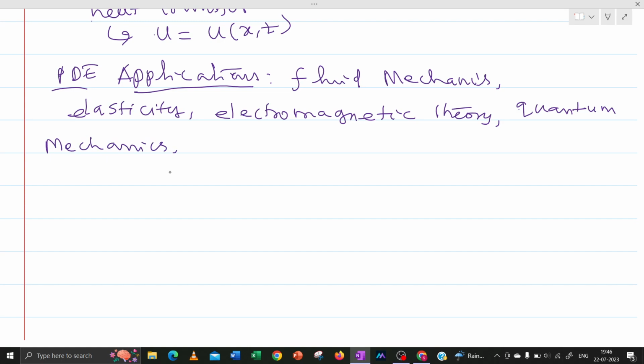So these are the few fields involving partial differential equations.